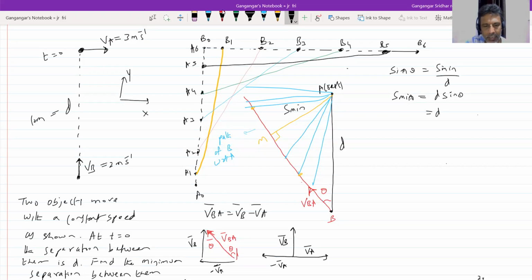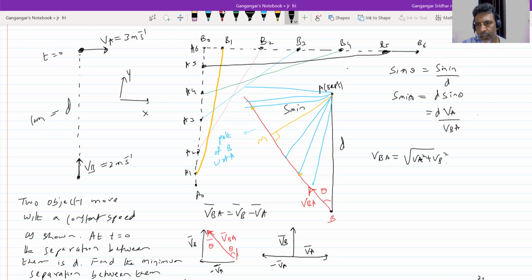Come for this vector triangle. VA by VBA. What is VBA? We don't know VBA, no? How to get VBA? VBA is root of BA square plus VB square.